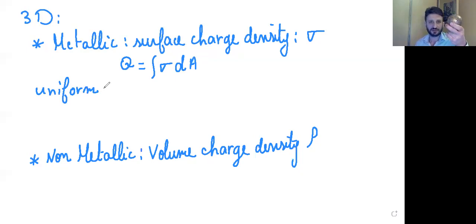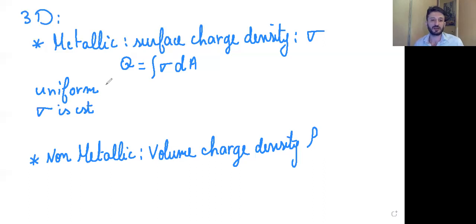In the case of a sphere, you know the charge will go away from the center, okay? As the distance between the center of the object and any point on the surface is the same, we'll get a uniform charge distribution, okay? In this case, sigma equals a constant value. Sigma is constant.